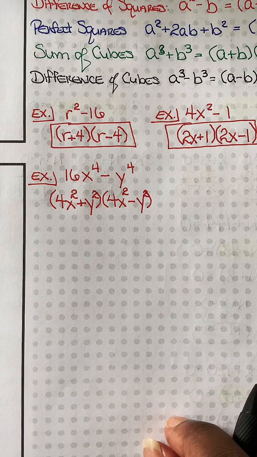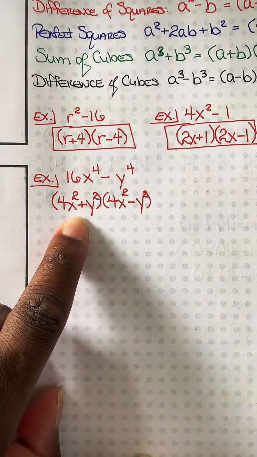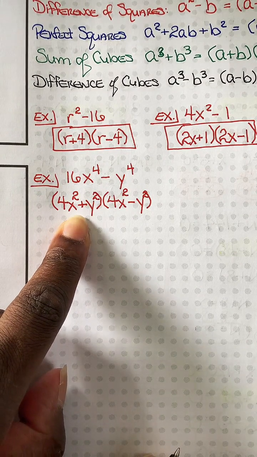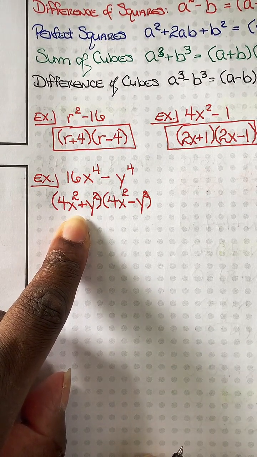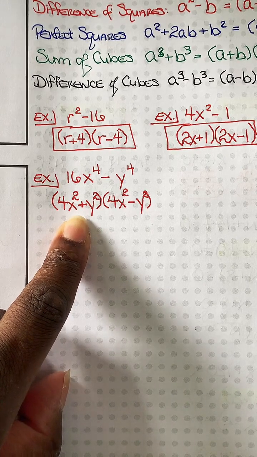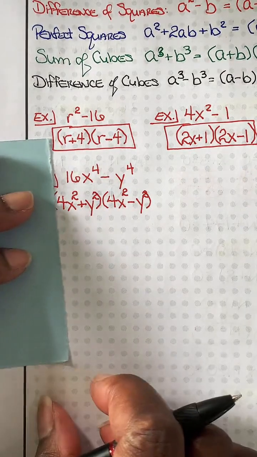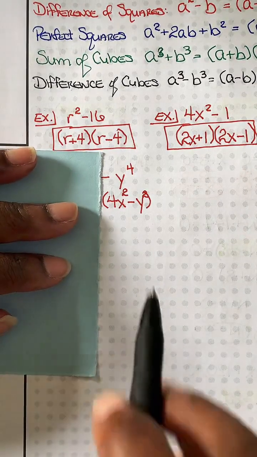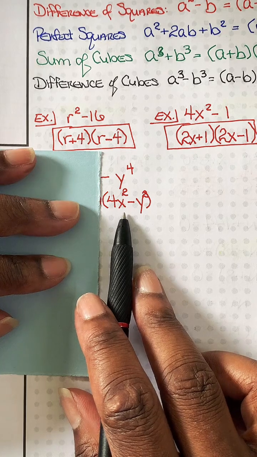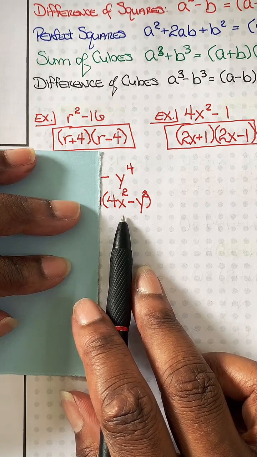This is the sum of squares. Remember, we can't do that. That's not going to break down for us. So we're going to keep it. Like I like to say, let's just kind of hide it away. Then let's focus on this second parenthesis. The fourth power changed by half.